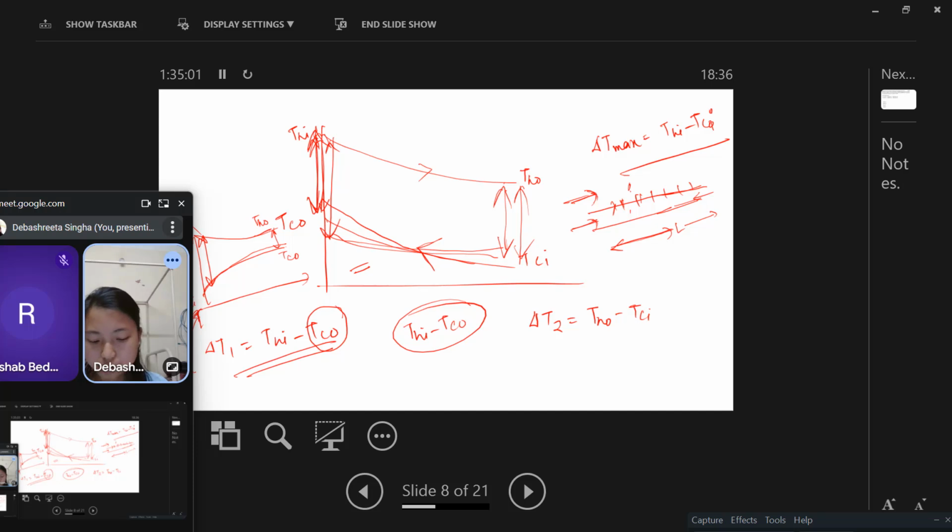Yes, I'm sorry. Maximum temperature difference can be attained only by Thi minus Tci because Thi is the highest temperature of all the four temperatures. Tci is the lowest of all the four temperatures. You got it?